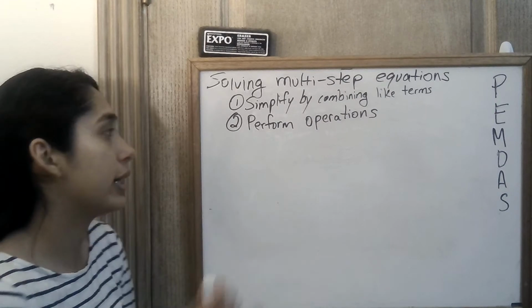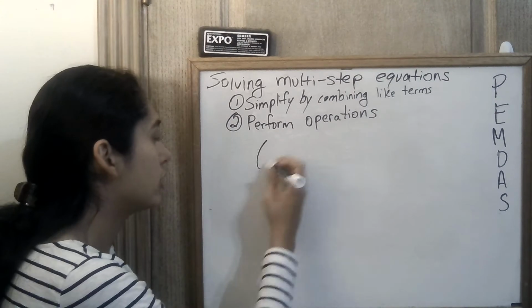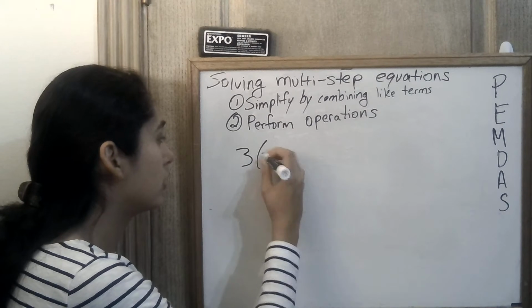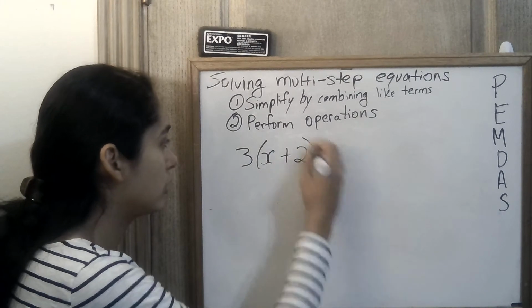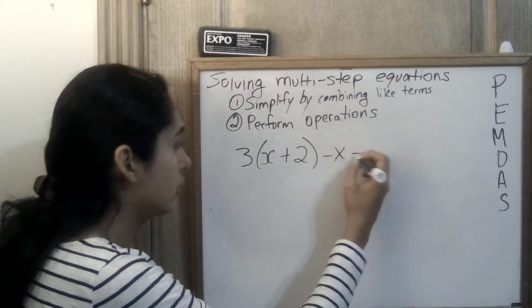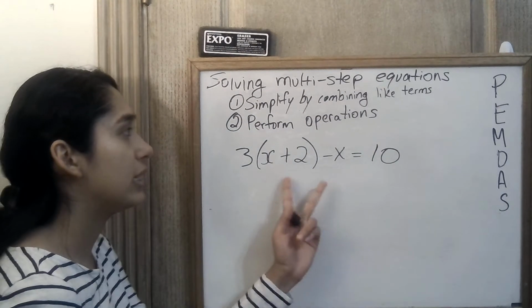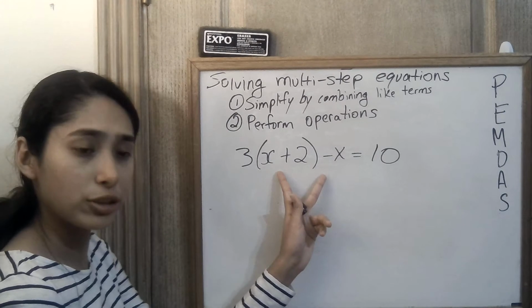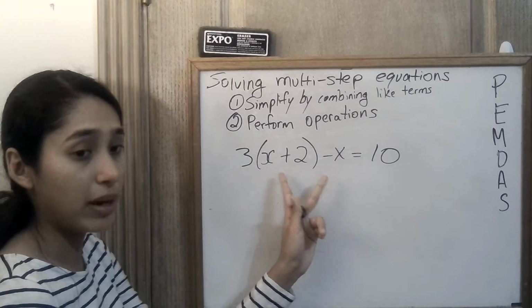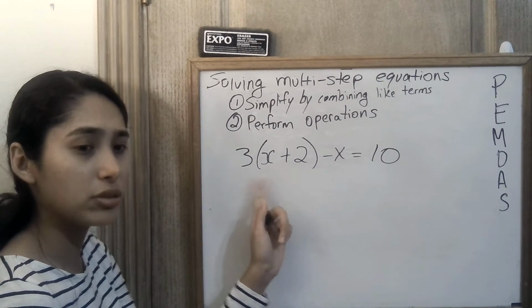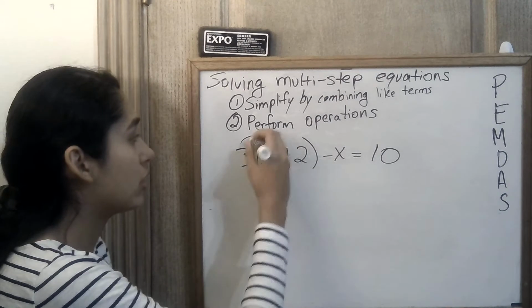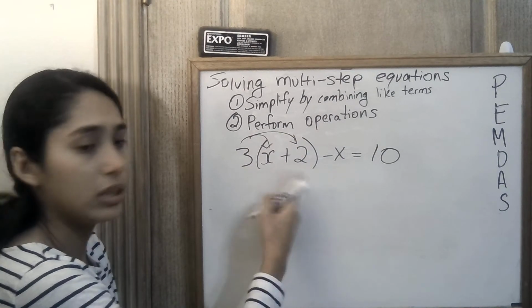So let's say I have this. I can't really combine these like terms yet, even though they both have x to the power of 1, because I still got to do some stuff to it. I still got to do either this or deal inside first.